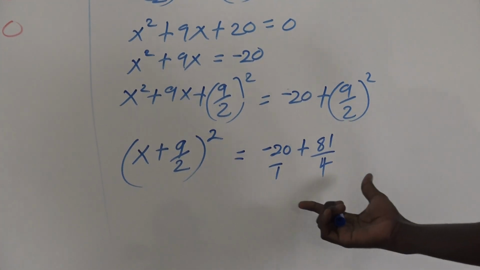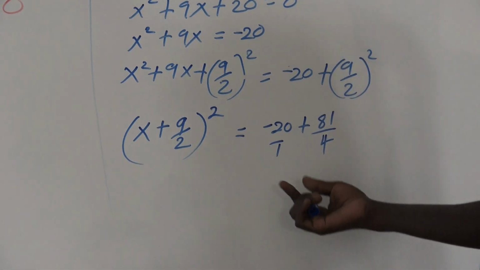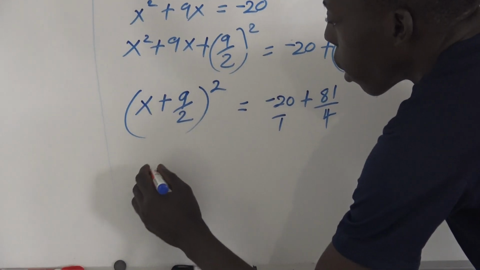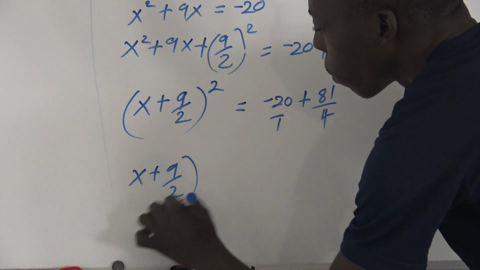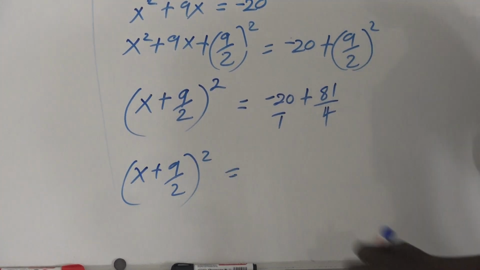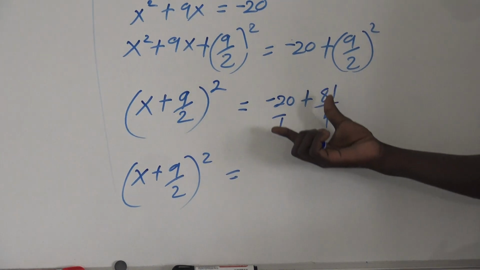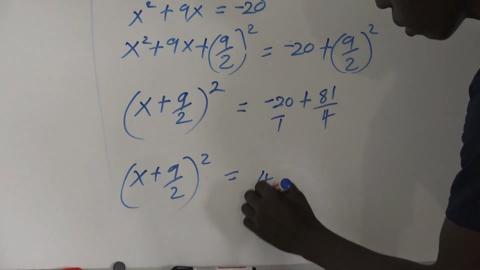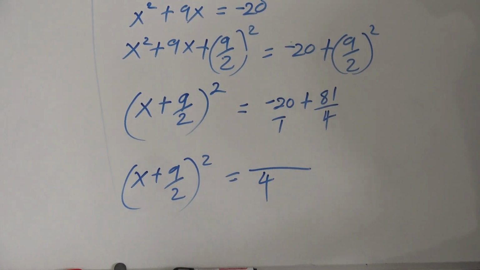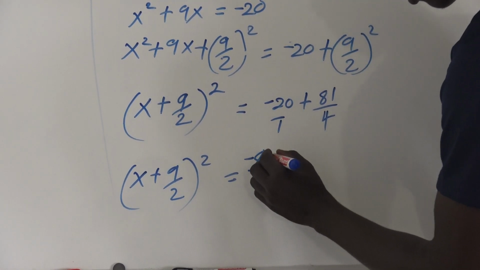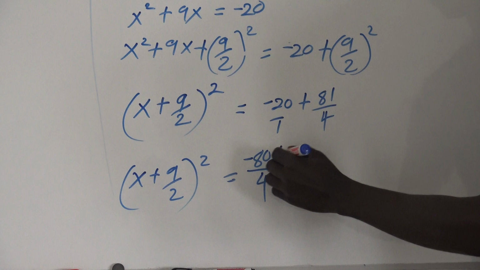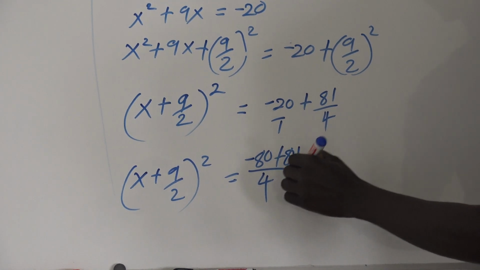Then after getting the LCM, continue by solving. This is x plus 9 out of 2 squared, which gives us, on this side, the LCM we said is 4. 4 divided by 1, we get 4 times negative 20, which is negative 80. So here it becomes plus 81.